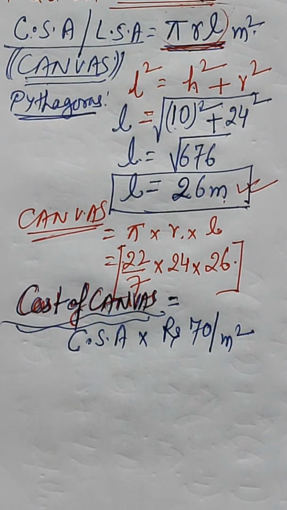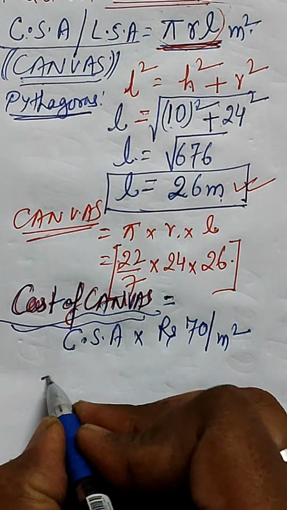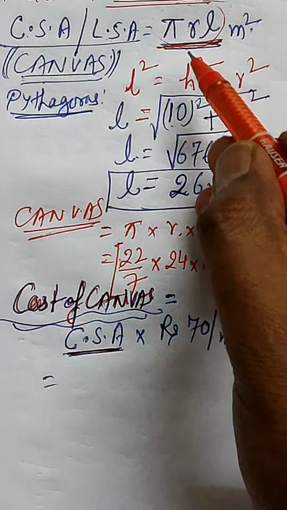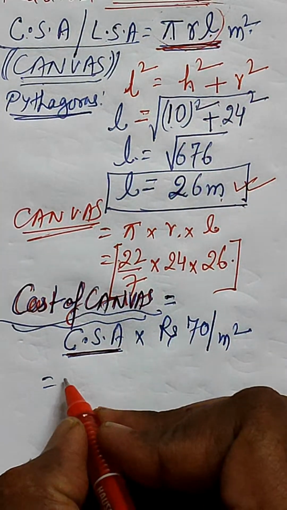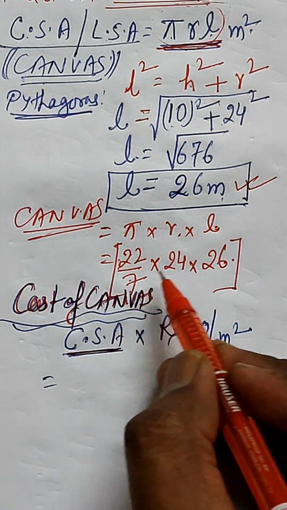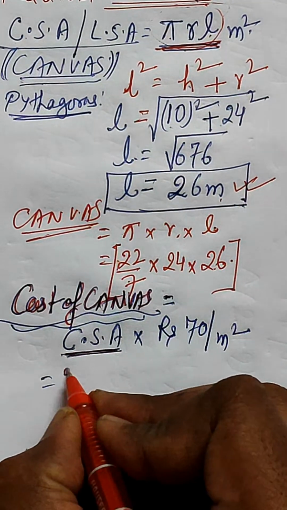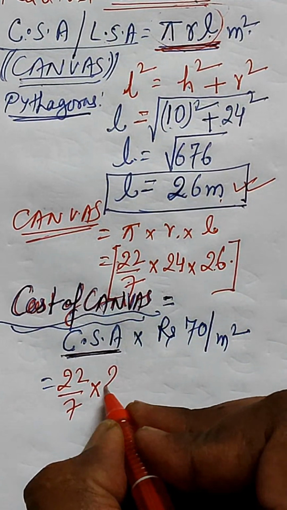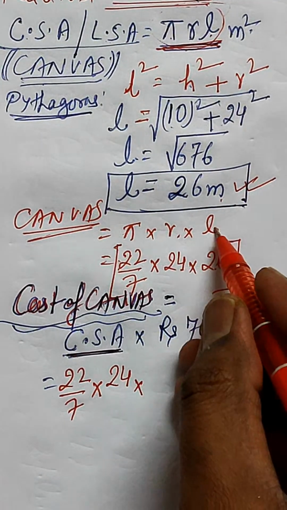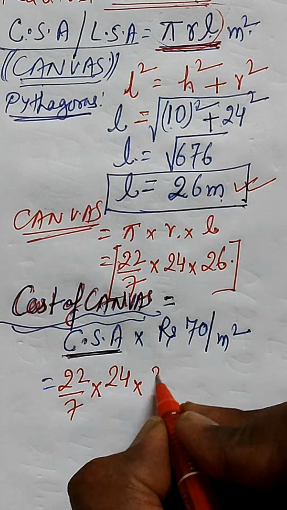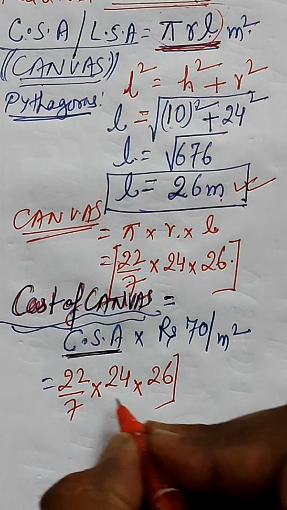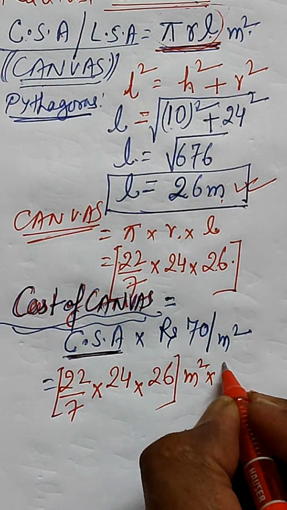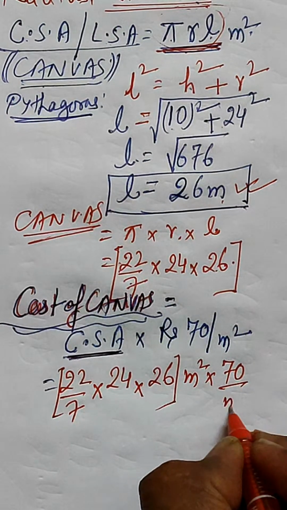Now what we will do, the curved surface area is pi rl, right? So this is what we calculated, pi into r into l. So just write that value. 22 by 7 is pi, r is 24 and l is 26, what we have calculated, right? And all this is in meter square and is multiplied by rupees 70 per meter square.